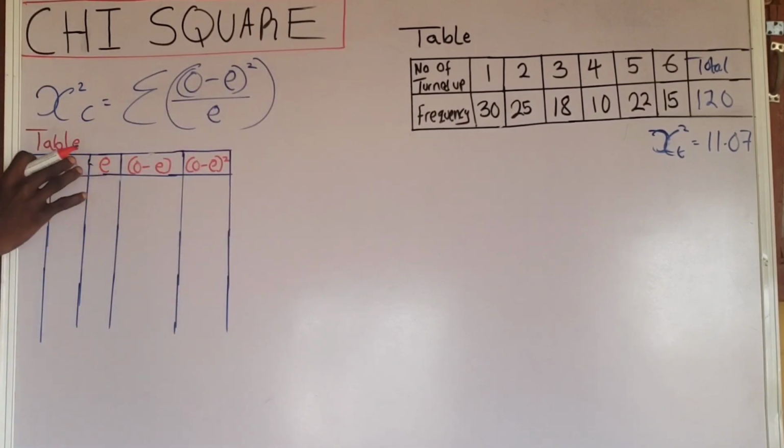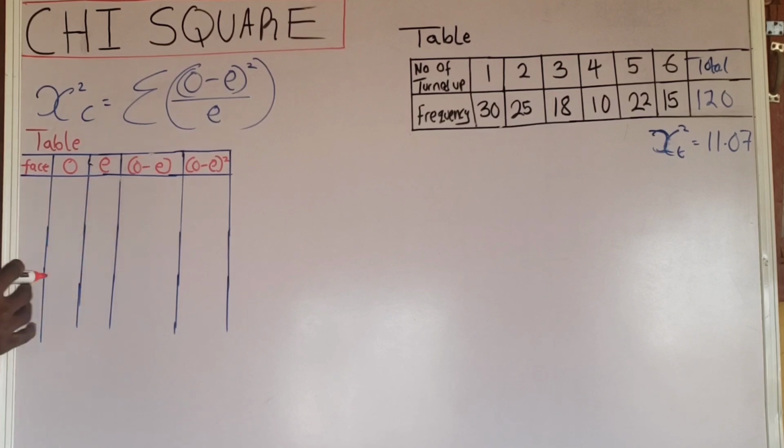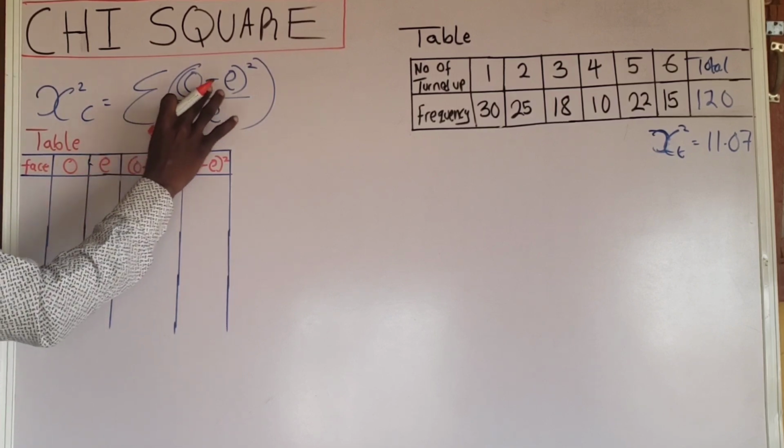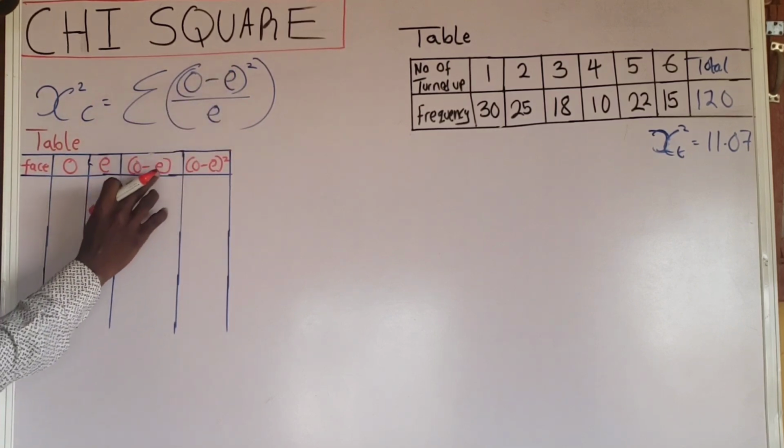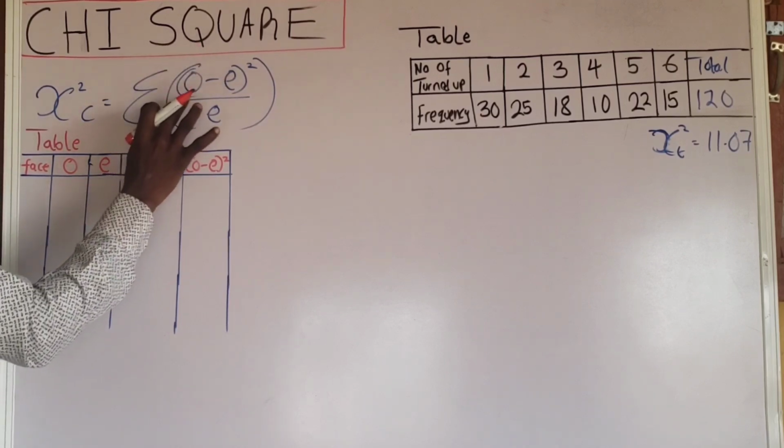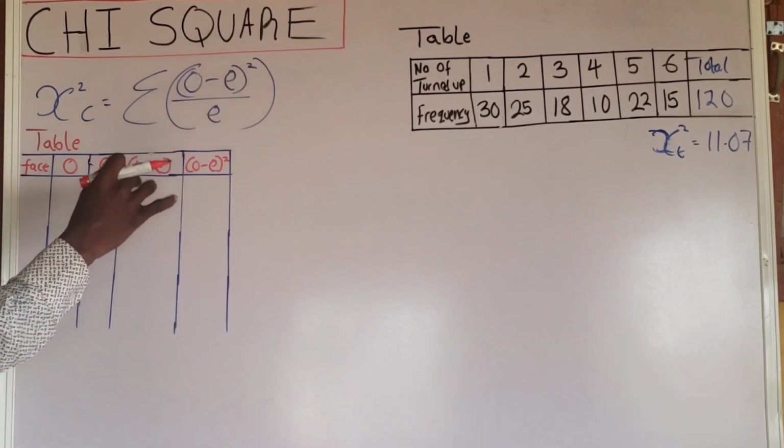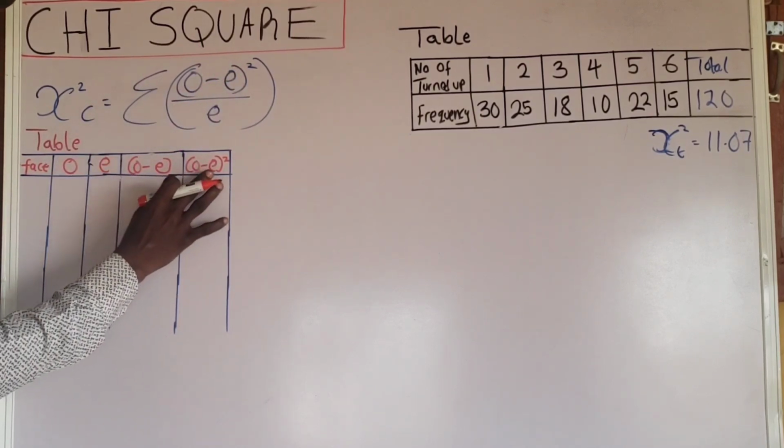Now, I'm going to determine the expected value. Don't worry, I'm going to teach you. From this formula, I still need observed minus expected. That's why I have this. I also need the square of the differences between the expected and the observed values. So I have this.